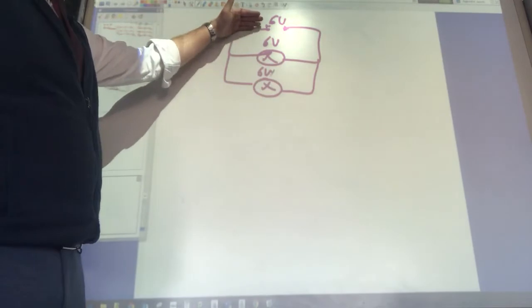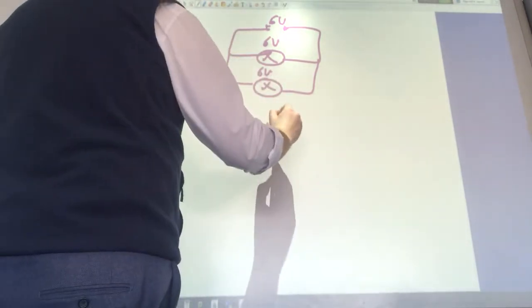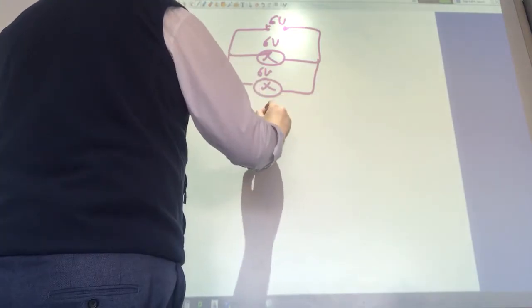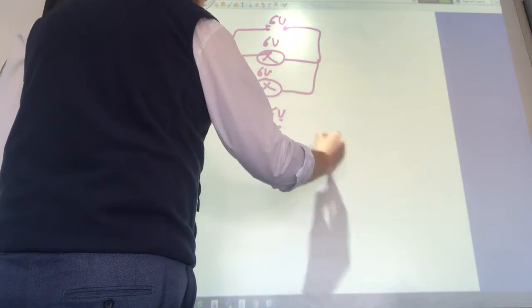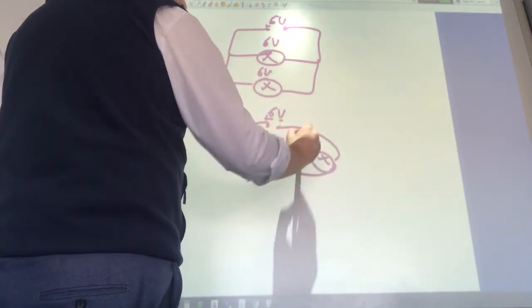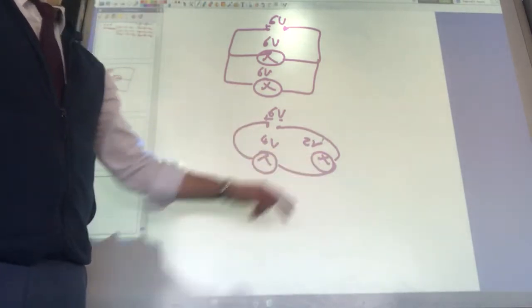The potential difference is the same in whatever branch you look at. In a series circuit, if I have 6 volts coming off of my power pack, and there's 4 volts here, there'll be 2 volts there, because the voltage is shared among the components.